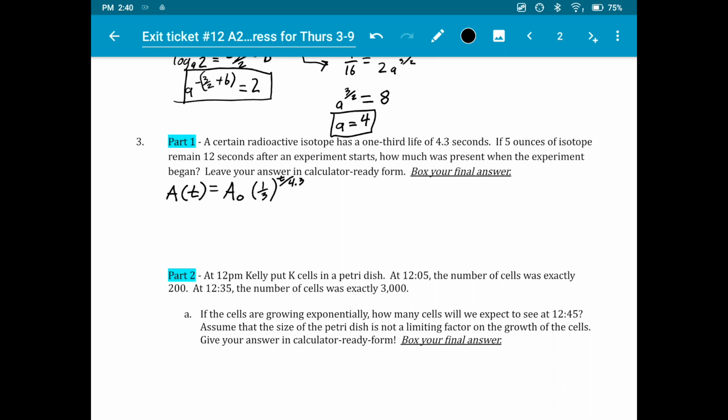So now we know that A of 12 is equal to 5 ounces.